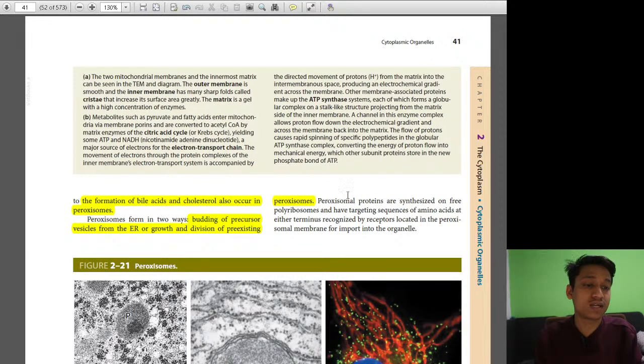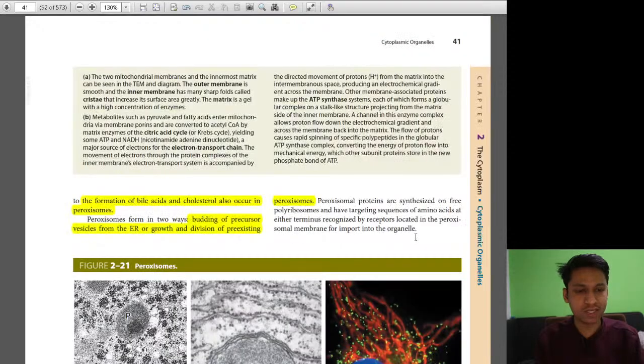Peroxisomal proteins are synthesized on free polyribosomes and have targeting sequences of amino acids at either terminus, recognized by receptors located in the peroxisomal membrane for import into the organelle. So peroxisomal proteins, as we said, peroxisomes do produce proteins because they help in the metabolism of lipid.